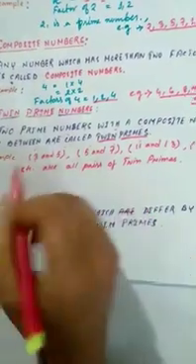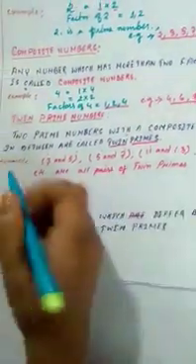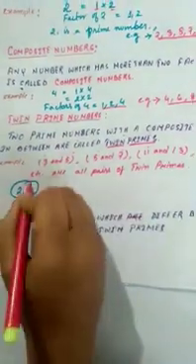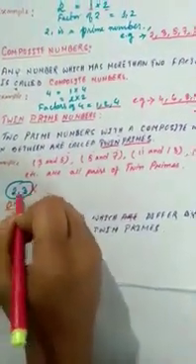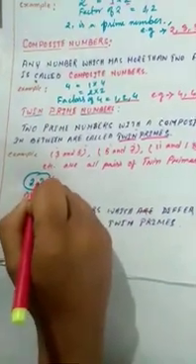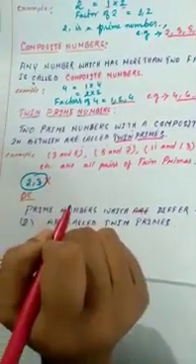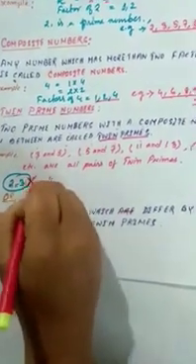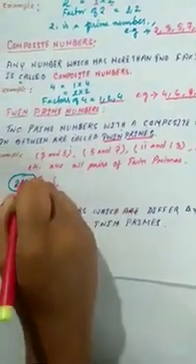But in between 2 and 3, this is not a twin prime. Both 2 and 3 are prime numbers, but there is no composite number in between them. There should be a composite number.